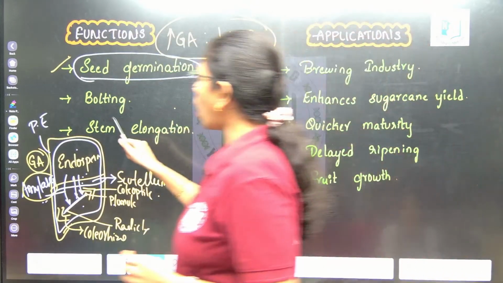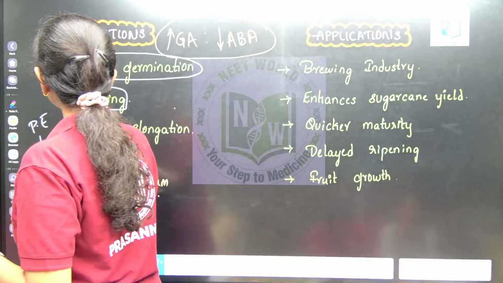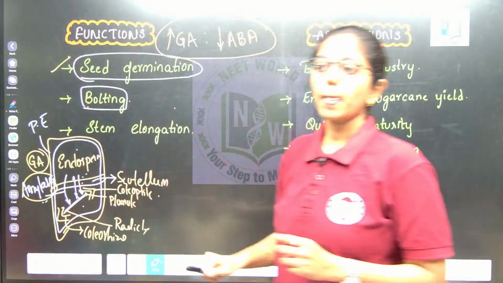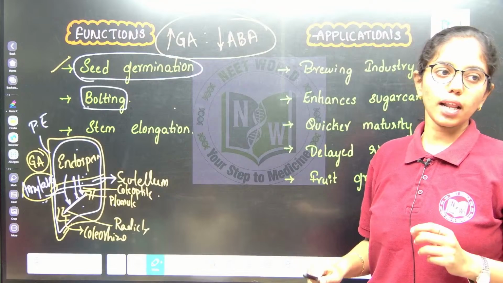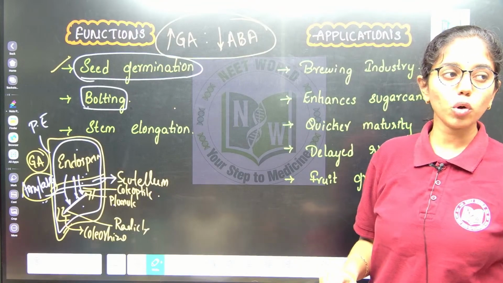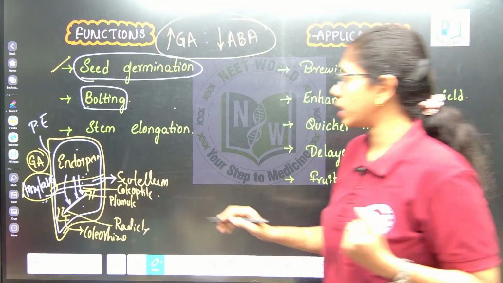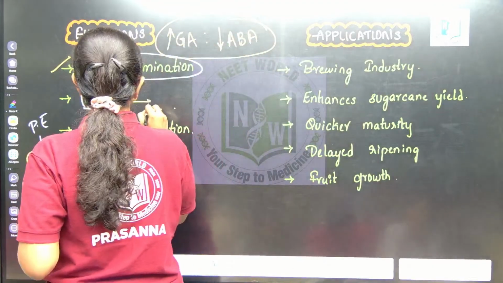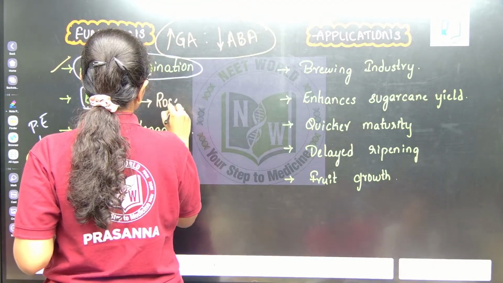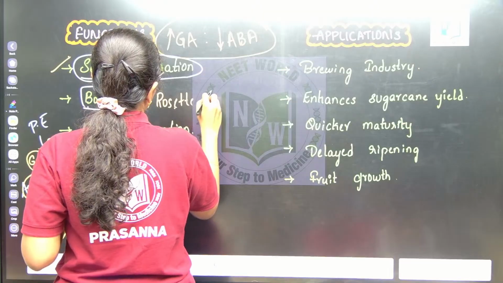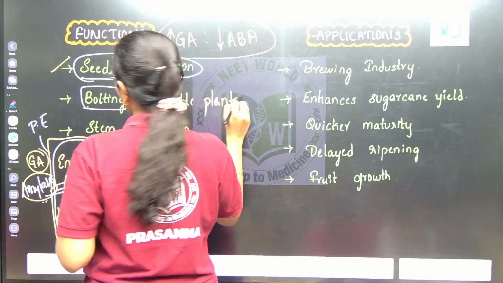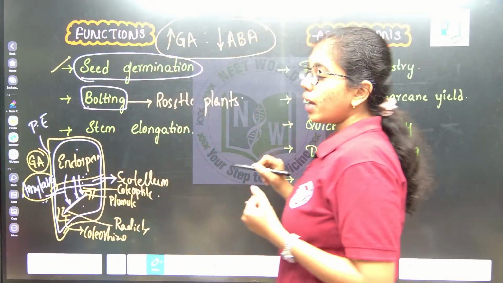Next is bolting. What is bolting? Increase in internodal elongation. You will mostly observe it in rosette plants like cauliflower and cabbage.